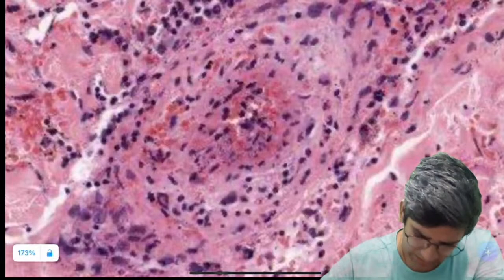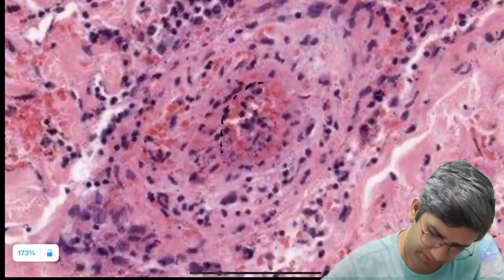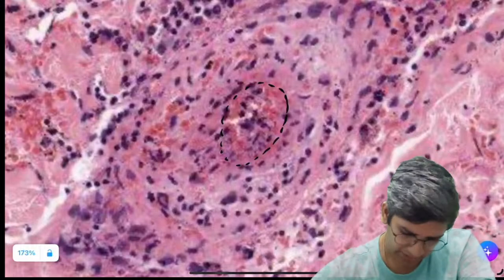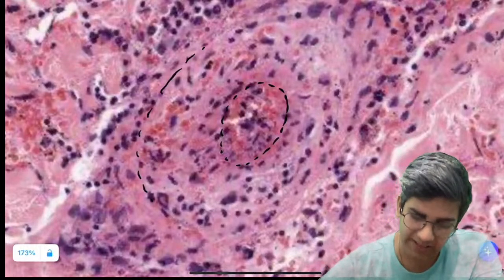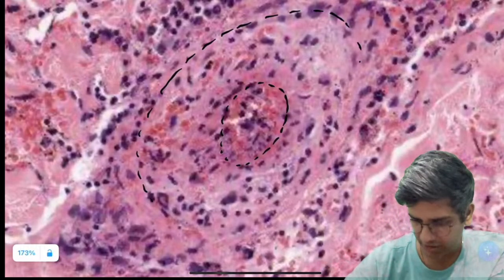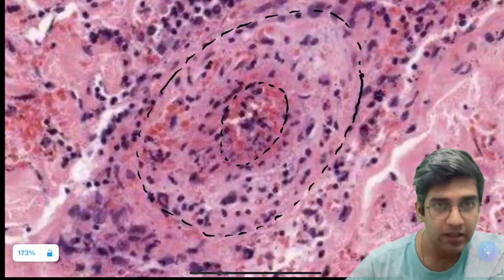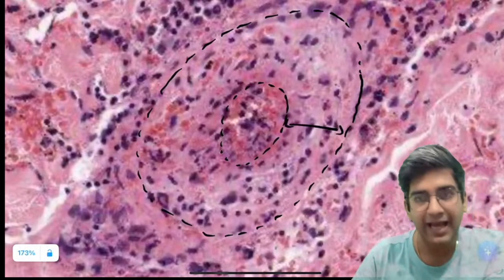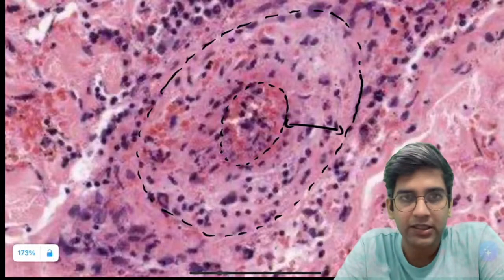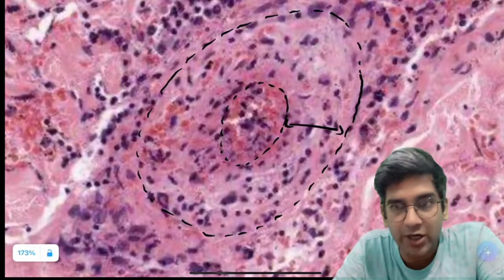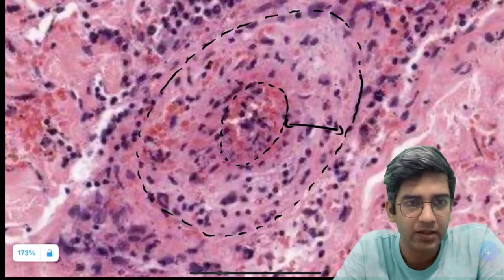Okay, now let's say this is the lumen. Supposed lumen, but I don't have an exact finding. Can I say that this could be the wall of the vessel? I'm just drawing a random outline. Could this be the wall of the vessel? This part? Do you accept that I have a problem in the wall of the vessel and not only outside the vessel?